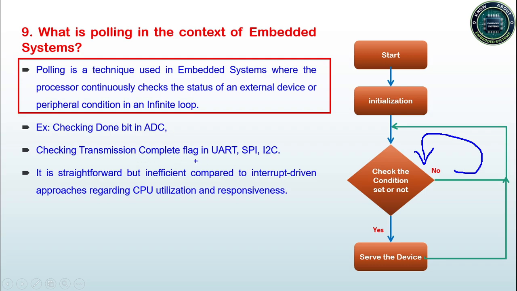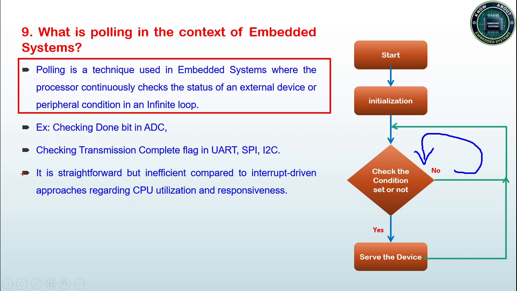Whenever you are transmitting data in protocols such as UART, SPI, and I2C, we have to check whether transmission is completed or not. If transmission is not completed, then the processor will wait until it completes. Okay, these three to four examples you can give in the interview for the polling method.